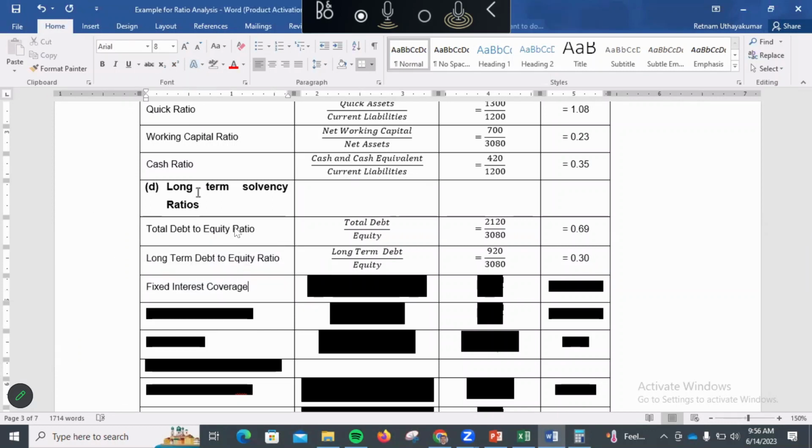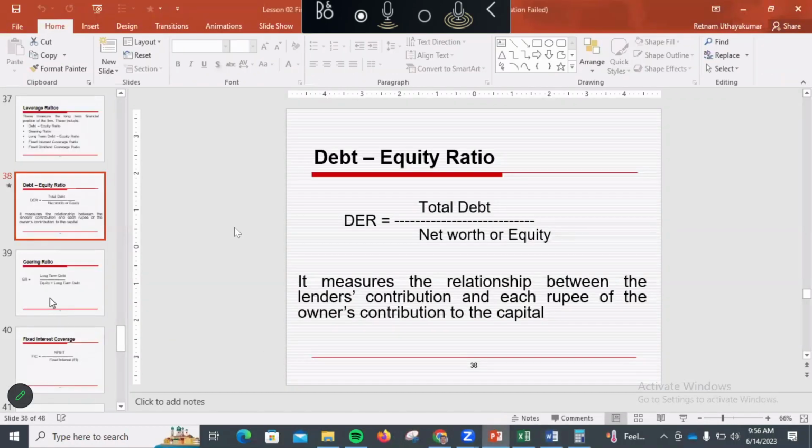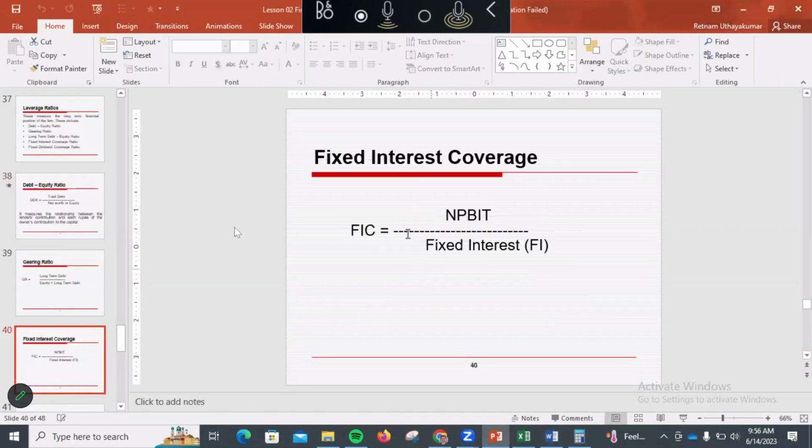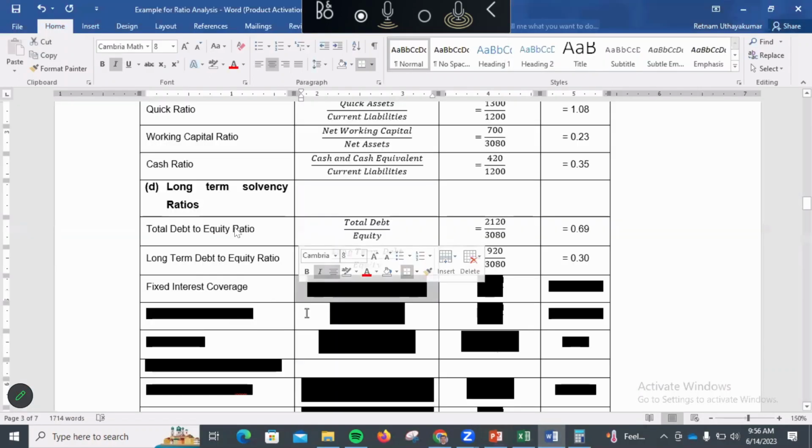And you can have this fixed interest coverage. What is fixed interest coverage? Net profit before interest and after tax over fixed interest. So you can take profit after tax plus interest.